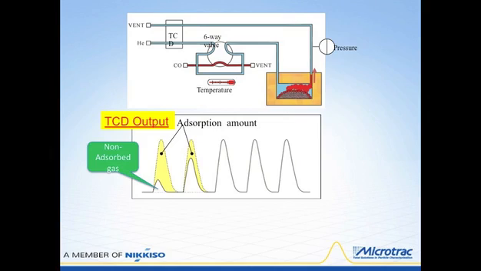Just to give you an example of this, in this case we're going to see a pulse 1, 2, 3, 4, 5. And these are 5 additions of the adsorptive gas. Now, this is the total amount of gas that has been applied. Down here, this is the amount of gas that was not adsorbed. So within this yellow region here, this is the amount of gas that is truly adsorbed and reacted with the surface.